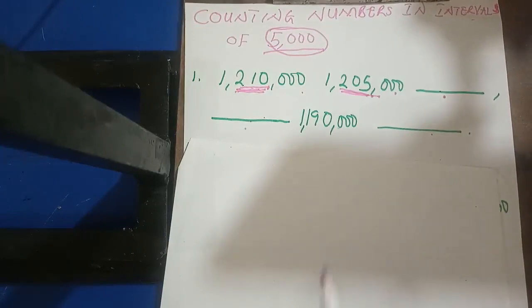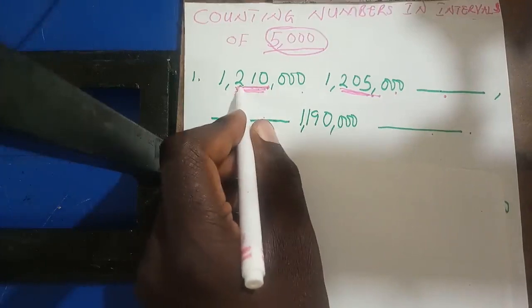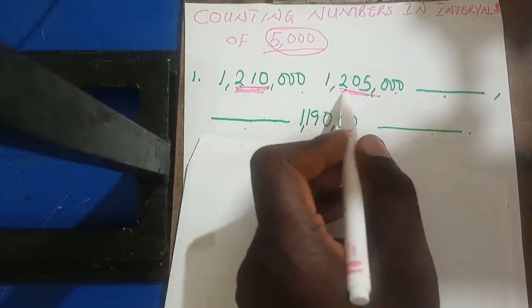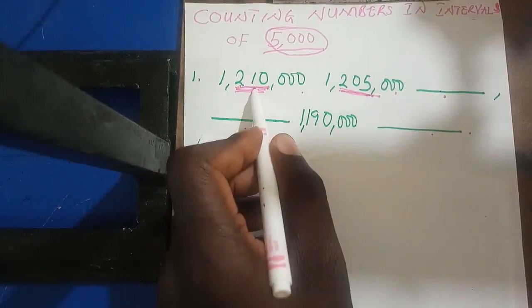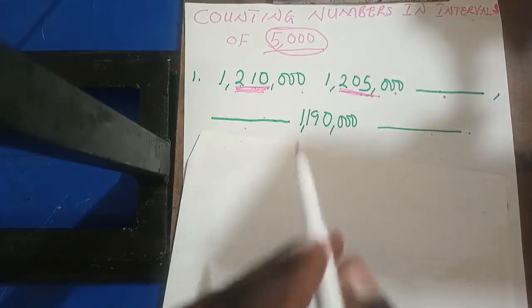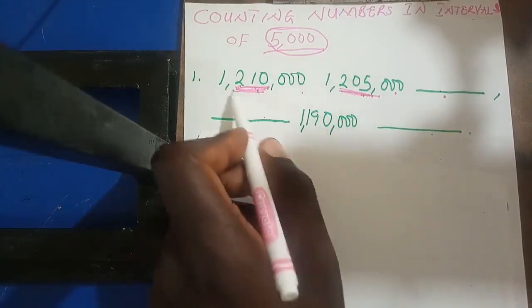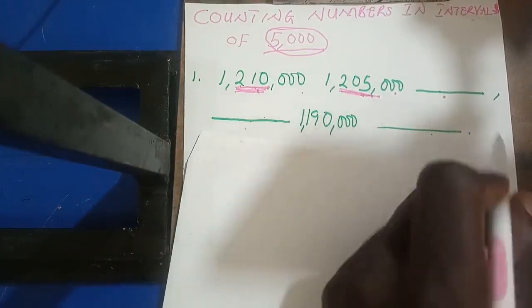Therefore, again, the other clue that you have to know is that this number is reducing, because it is first 1,210,000, then 1,205,000. Between 10 and 5, which one is bigger?